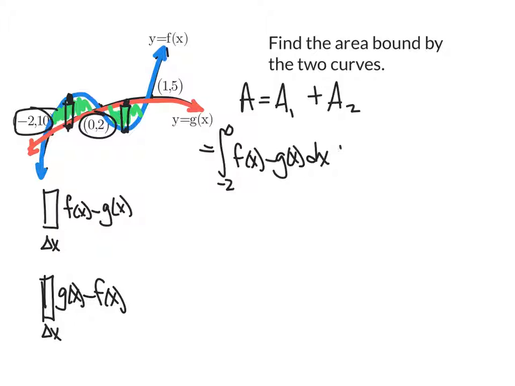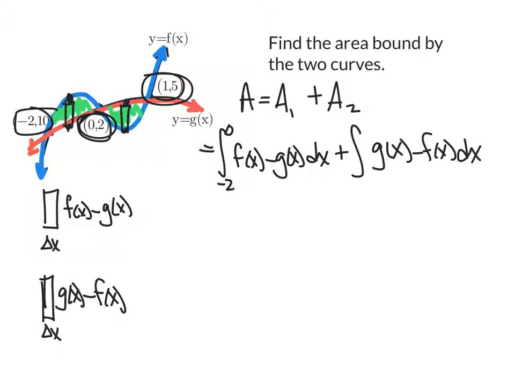So my next area is going to be defined by the integral where we take g of x minus f of x dx. And of course this region extends from the point 0,2 out to the point 1,5. So my limits of integration are going to go from 0 to 1.